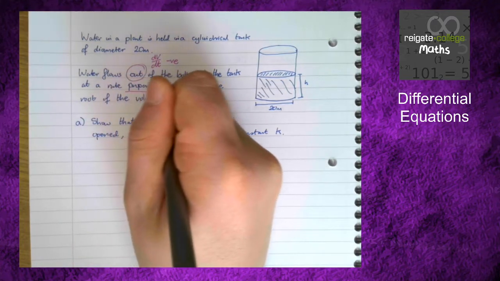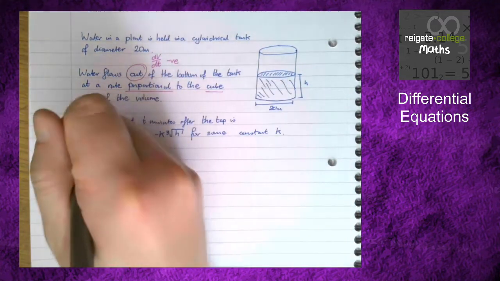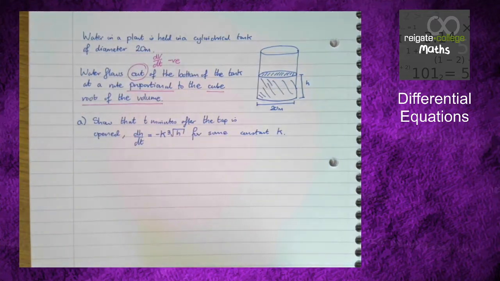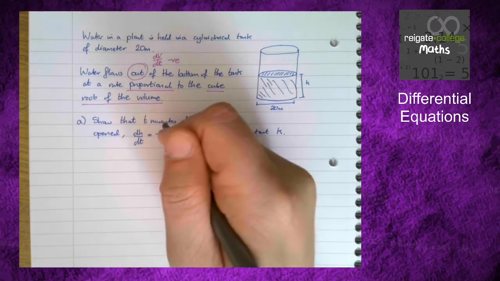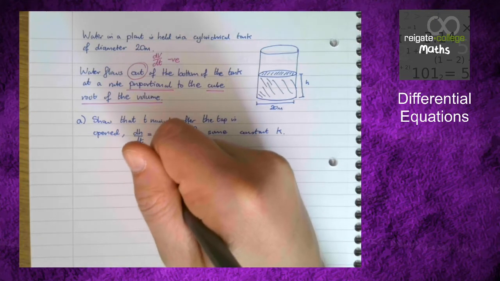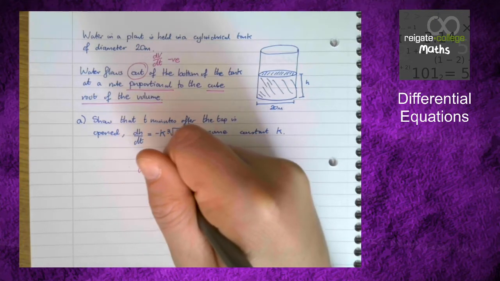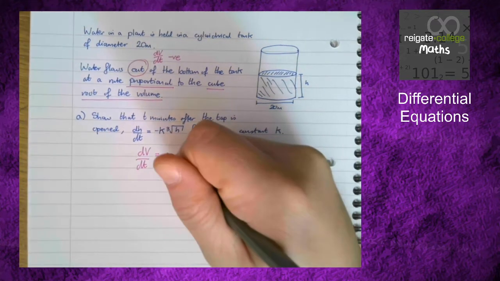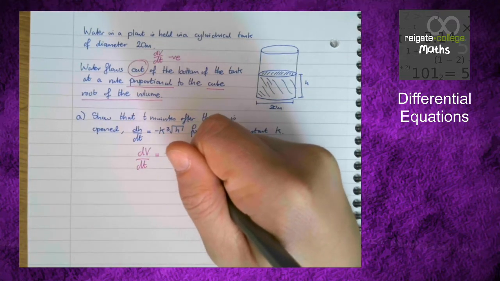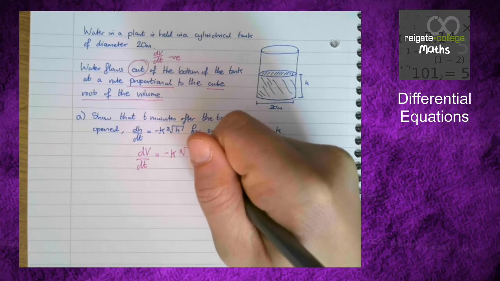It's proportional to the cube root of the volume. So this information all tells us that dv by dt is going to be equal to minus k times the cube root of v.